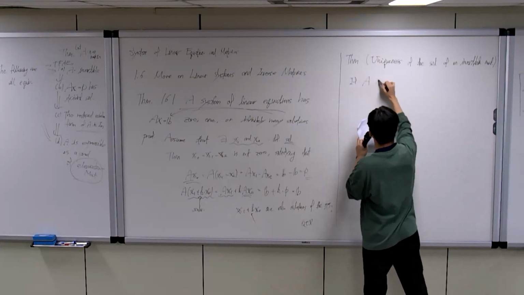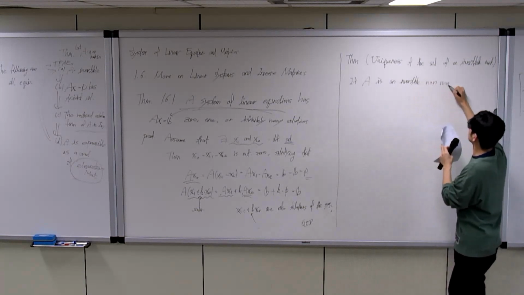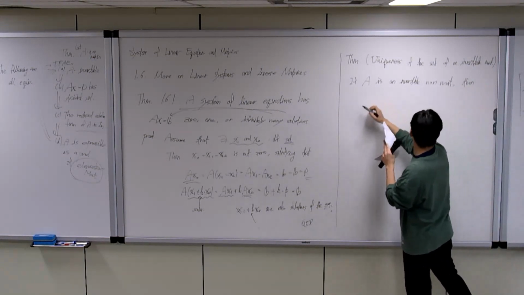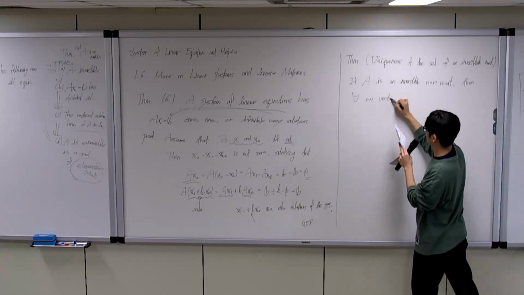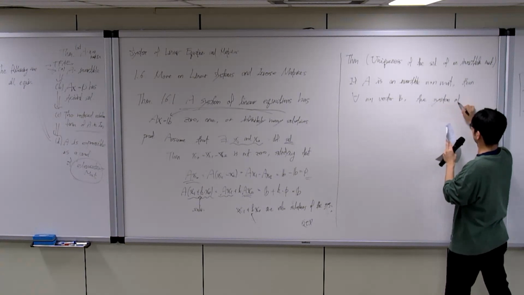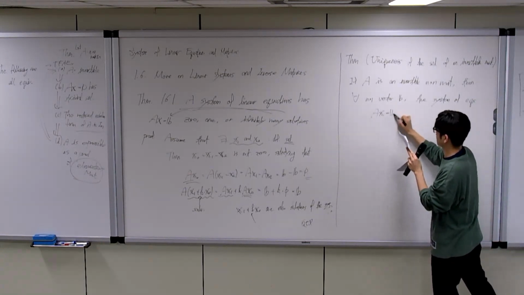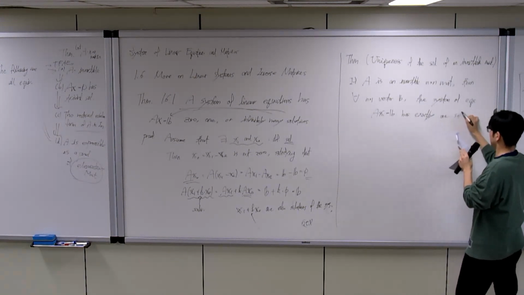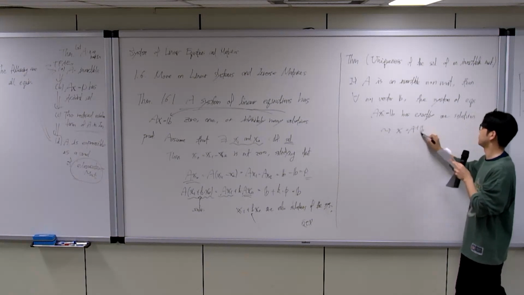If A is an invertible n times n matrix, then for every n times 1 vector b, the system of equations A x equals b has exactly one solution, and it is given by A inverse b.